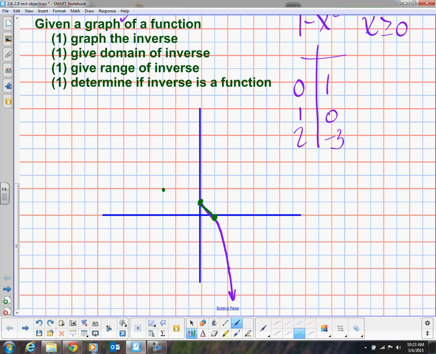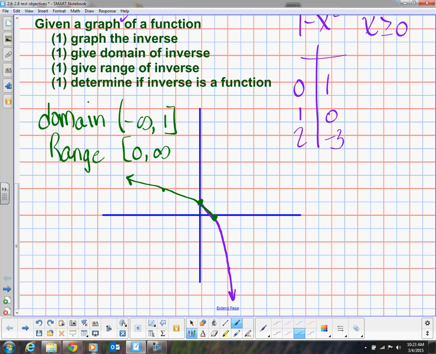So now this one's going to go like that. So what is the domain of the green? Because I'm going to ask you the domain of the inverse. To 1, included, right? What's the range? Lowest is 0 to infinity. Now, is the inverse a function?